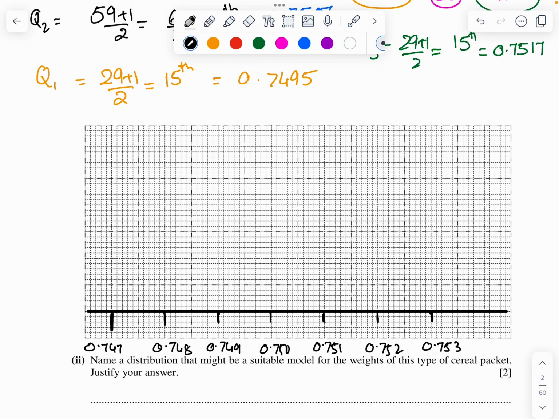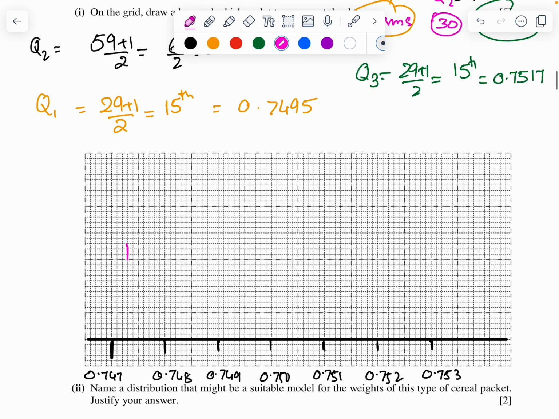Now what is the least value? 0.7473, that's going to be the least value. Then Q1 is 0.7495, which I draw with a thicker line.